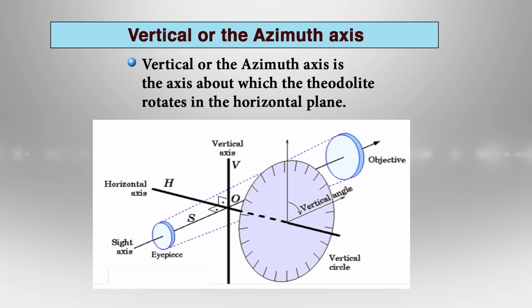Again remember, this is a horizontal plane and this is the vertical axis. So, we define it as the axis about which the theodolite rotates in the horizontal plane. As the name suggests, it is the vertical line or vertical axis of the instrument.